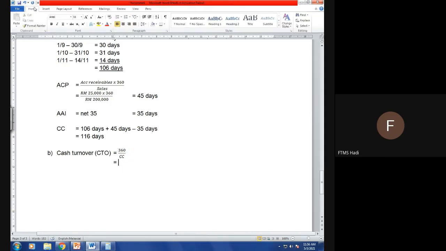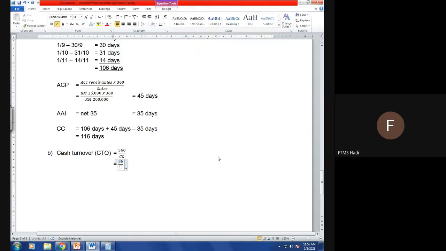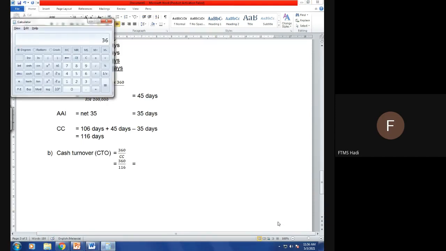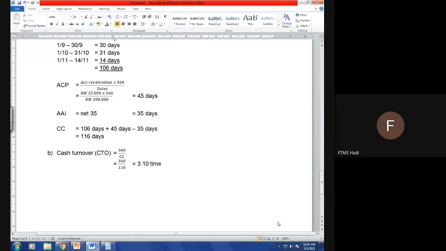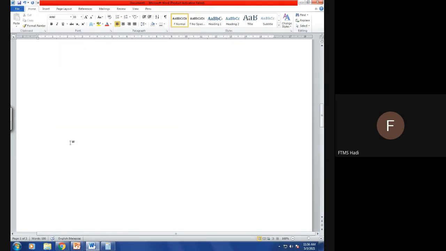Putting the numbers there, you got a CC of 116 days. So if you press the calculator, 360 divided by 116, 2 decimal points only, which is 3.10 times.